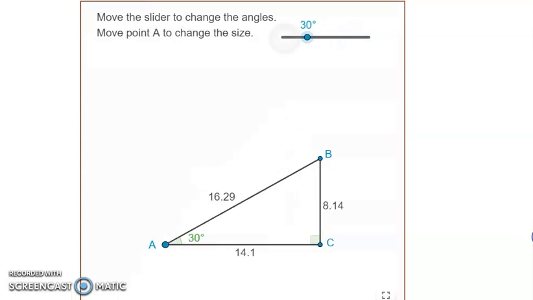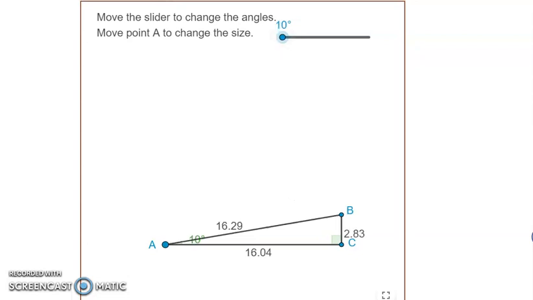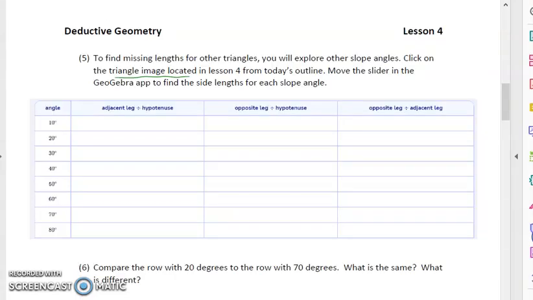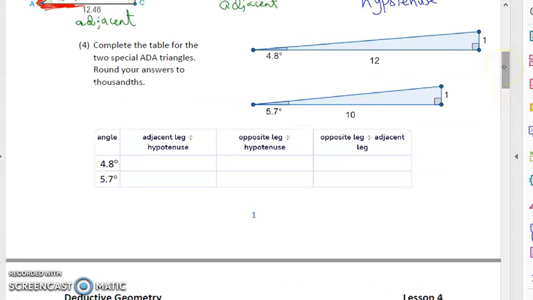So you're moving the point on the slider to get the different angle measurements. And like this problem at the bottom of page 1, they're asking you to take the three numbers and come up with those three ratios. And again, you need to identify correctly which side is the opposite, the adjacent, and the hypotenuse. So go ahead and finish off problem number 4, and turn the video back on when you're ready to continue.